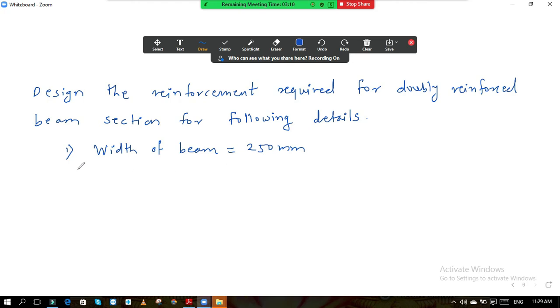Effective cover in compression zone is given as 50 mm.